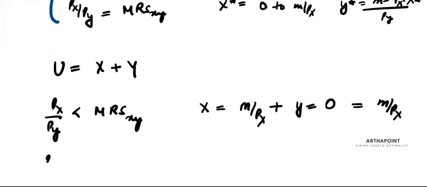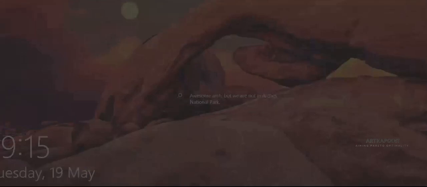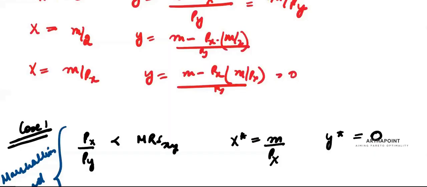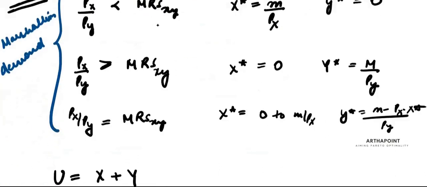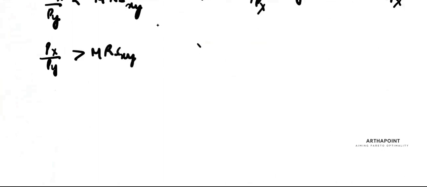When you had Px by Py greater than MRS XY, in that case, your X was 0, your Y was M by Py.